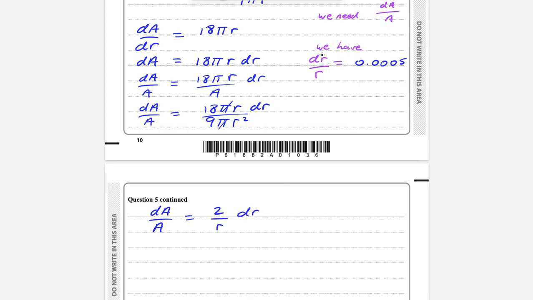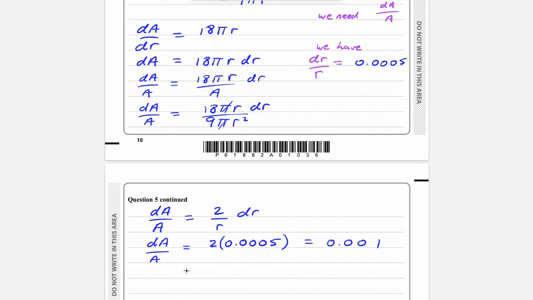Now we know, guys, that dr over r is 0.0005. So dA over A equals 2 times 0.0005, which is 0.001. So the change in A over A is 0.001.